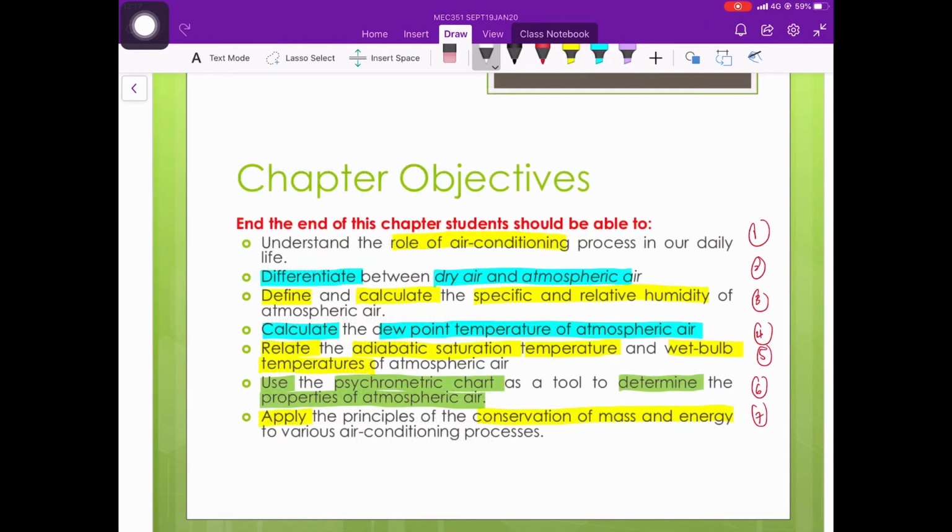By the end of this chapter, please ensure that you are able to understand the role of air conditioning process in our daily life.